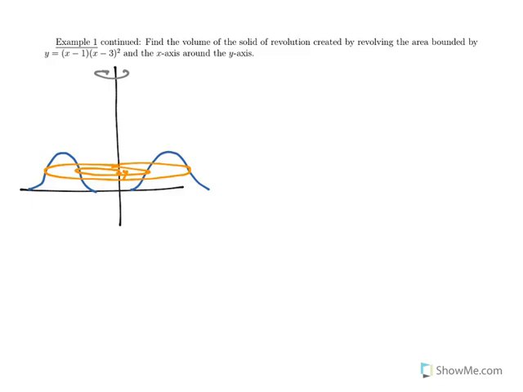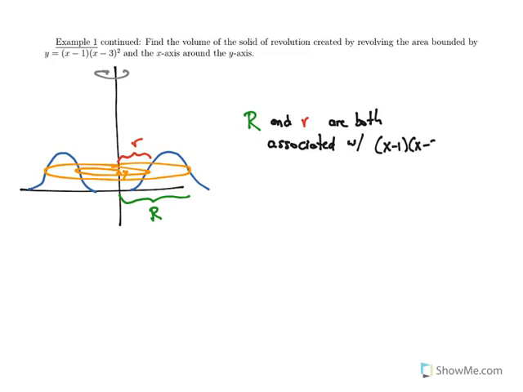The problem is that the big radius and the small radius associated with this problem, so big R and little r, are both associated with the x minus 1, x minus 3 squared.